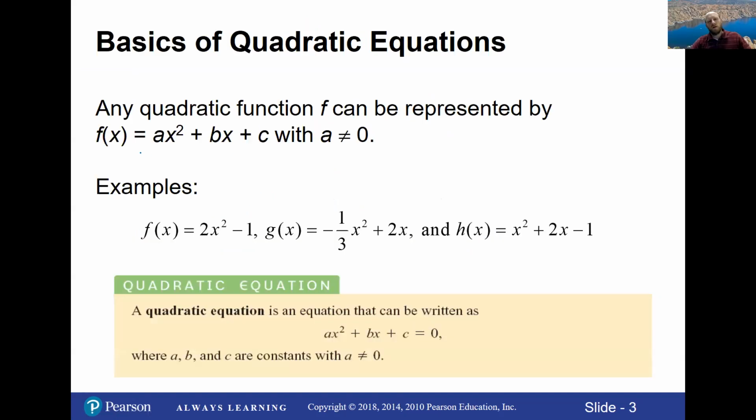Now, you all know this already from past sections, but any quadratic function f can be represented by f of x equals ax squared plus bx plus c, with a not equal to 0. Again, this is the standard form of a quadratic. Some examples here would be 2x squared minus 1, negative 1/3 x squared plus 2x, x squared plus 2x minus 1.